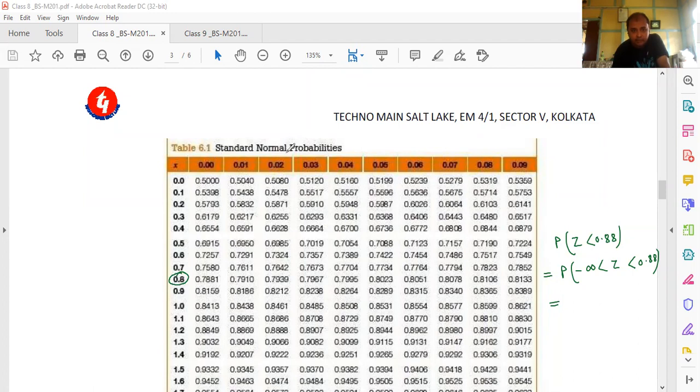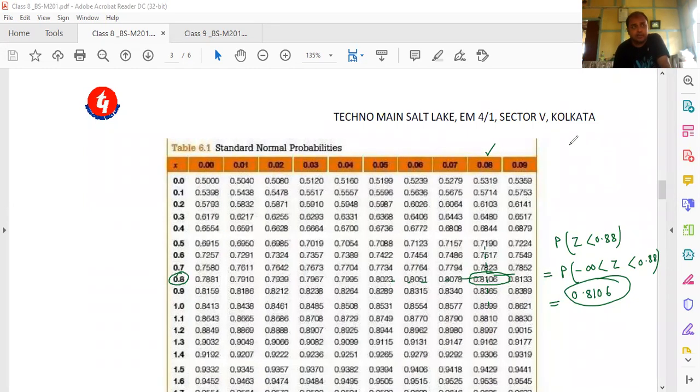So I have to go to the last but one column, that is this one. And if I go like this along this horizontal line, and if I go like this along this vertical line, the probability at which they cut each other is this one, which is 0.8106. So this value actually has come directly from the table given.